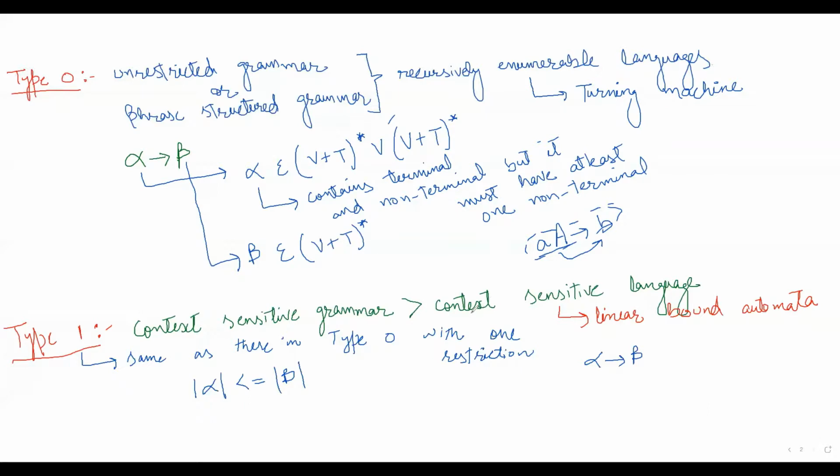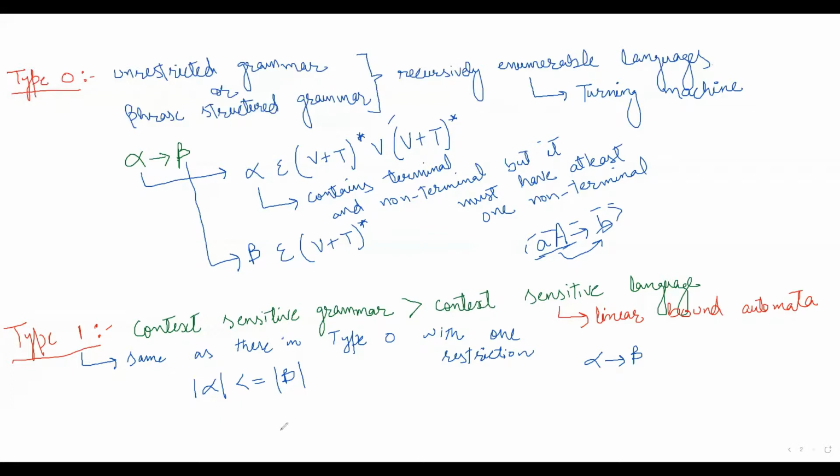What does that mean? It means every context sensitive language is a recursively enumerable language as well, but the reverse is not true. What is the reverse? Not every recursively enumerable language is a context sensitive language.